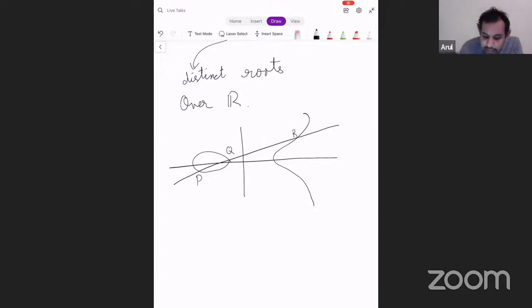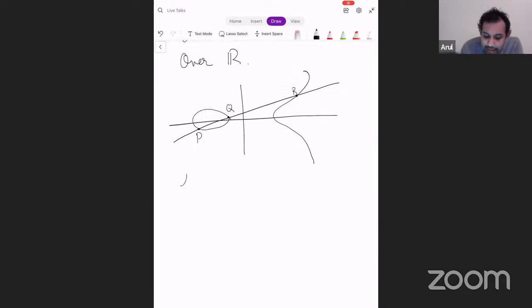You can see this over R, but over any field it's easy to check that if you intersect at 2 points in the field, then the line through them must intersect it at a 3rd point also. And if you just set P plus Q plus R to be 0, where 0 is the point at infinity.